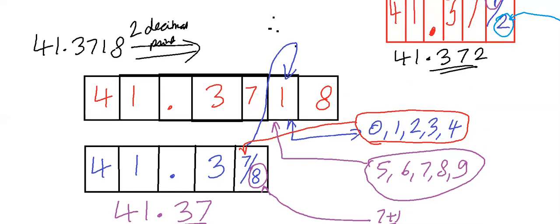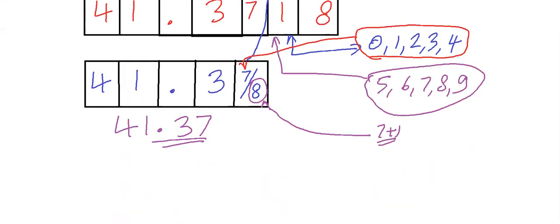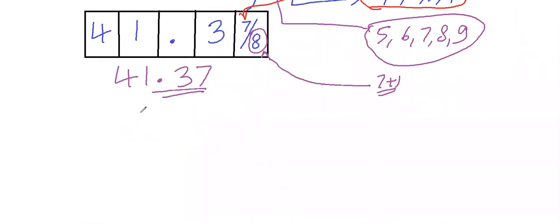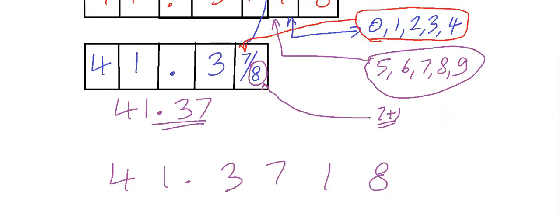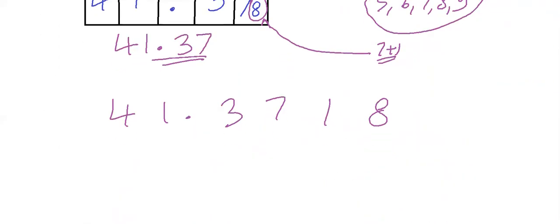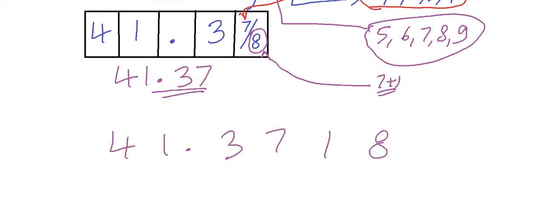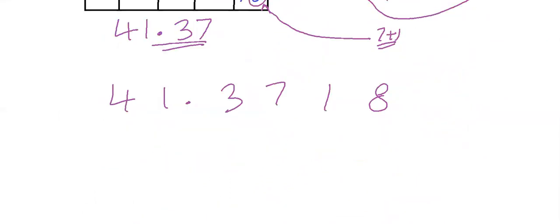Now I am going to explain with 1 decimal point. 41.3718. Is this right? Yes. Okay. I want to convert this into 1 decimal point.